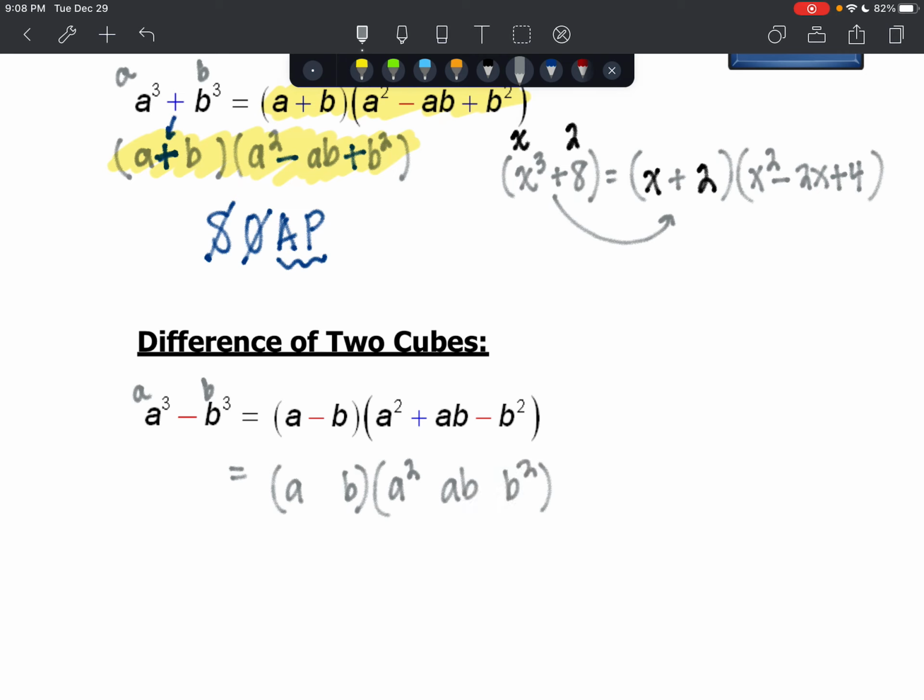It seems kind of silly, but it works for me, and it's worked for lots of other students. It's helped them remember. Same sign as what we started with. This was the difference of two cubes, so that would be a negative. And then the opposite of a negative is a positive, and then always positive. Same sign, opposite, always positive.